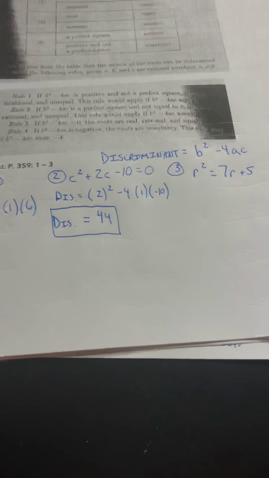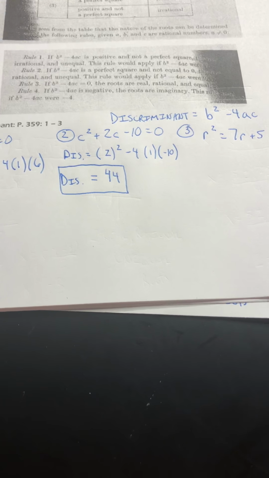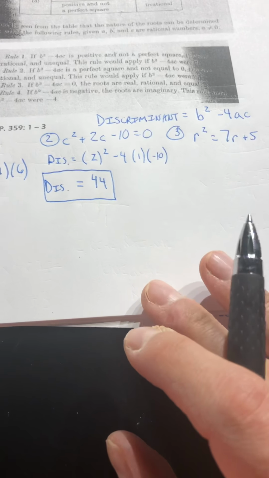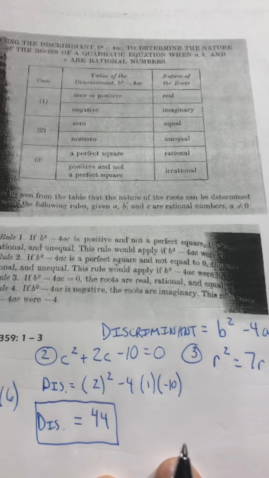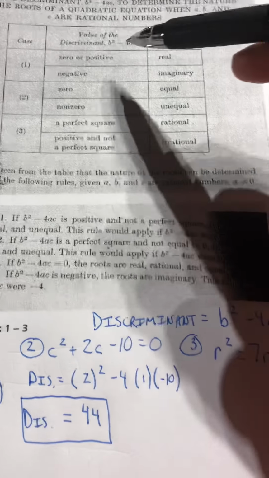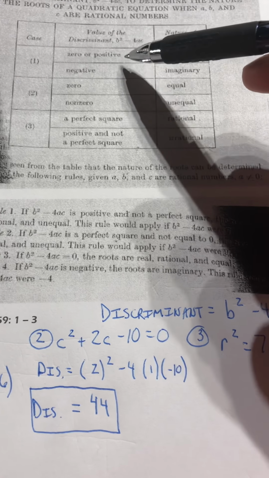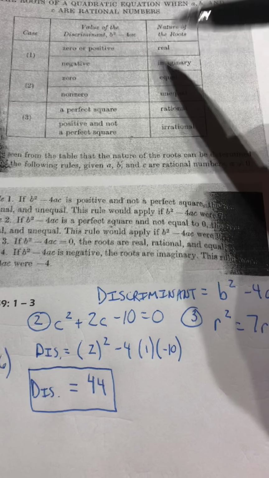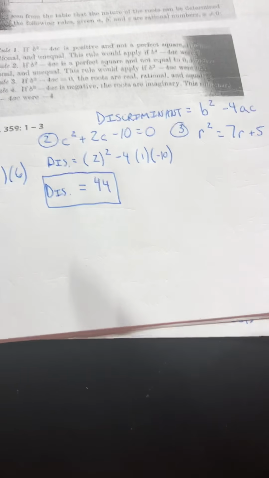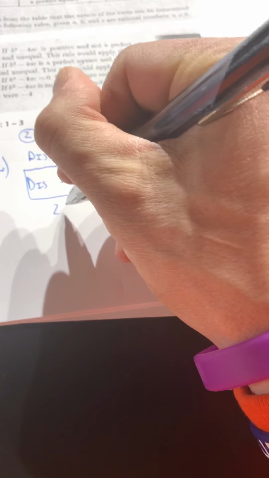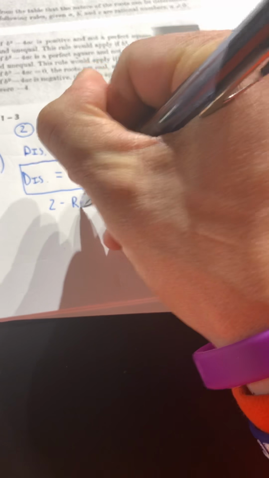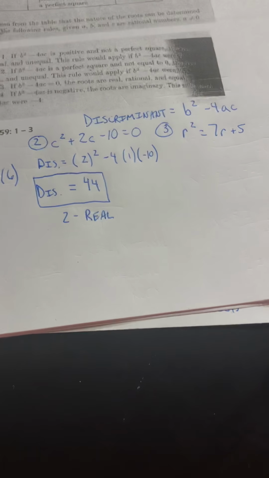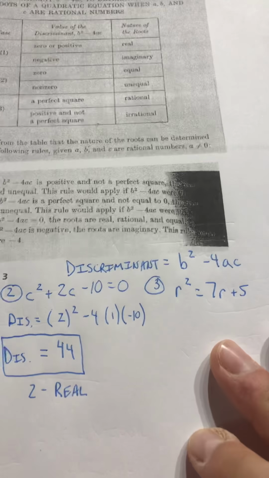Now we're just going a little bit deeper and we're going to talk about what this exactly means. All right, so we take a look at our cases. We'll go up top. Case 1, is it 0, positive, or is it negative? Well, 44 is positive, so therefore real. So we're going to go down here, we're going to write 2 real. Look at case 2 now.